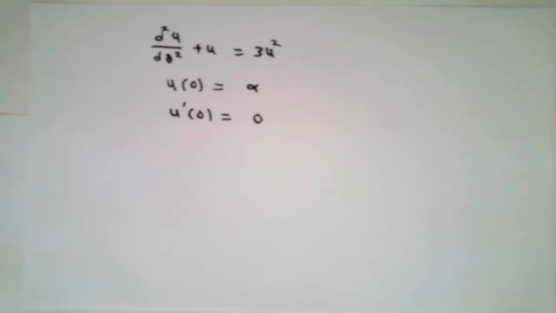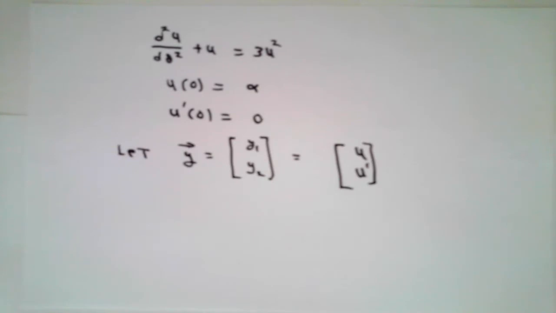Once we've done that, we'll use Runge-Kutta or some other high accuracy method to solve the resulting problem. I'm going to introduce two new variables, y1 and y2, which make up the components of some vector y. Secretly, y1 is the u variable, and y2 is the derivative of u with respect to theta.